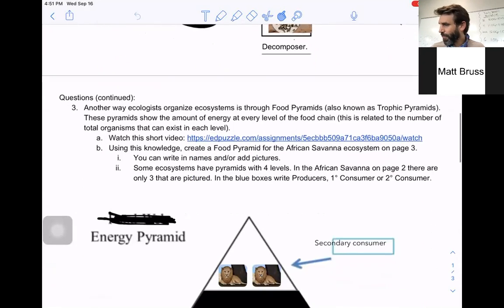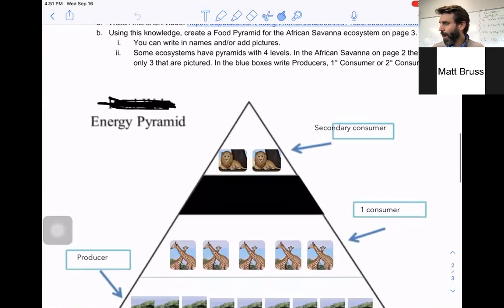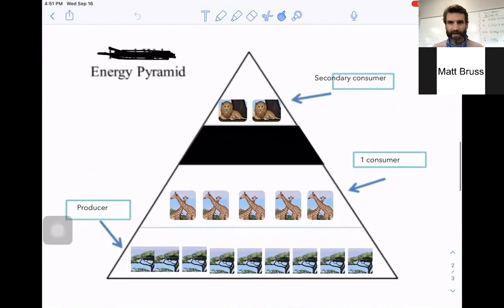The last part of the homework was a more complicated way of organizing an ecosystem, and we call this the energy pyramid. It might also be called a food pyramid or a trophic pyramid. And again, trophic refers to that energy or food.